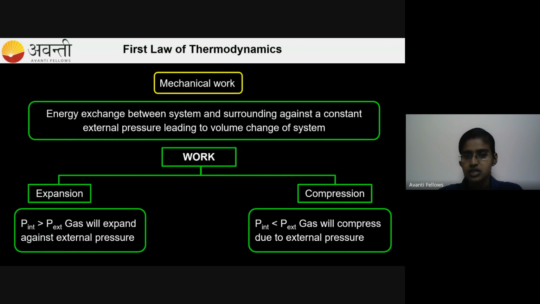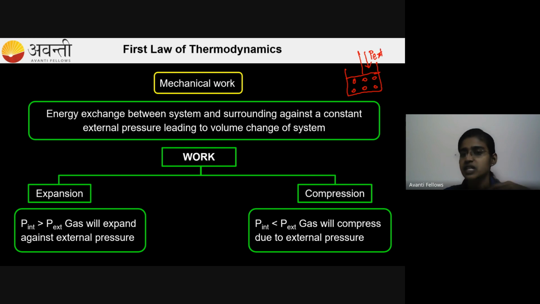Here I am going to discuss the mechanical work. It is the energy exchange between the system and surroundings against a constant external pressure, leading to volume change of the system. Suppose I have a container with gas molecules inside and a piston attached to it. If I give pressure using the piston on the system, this pressure is called external pressure.